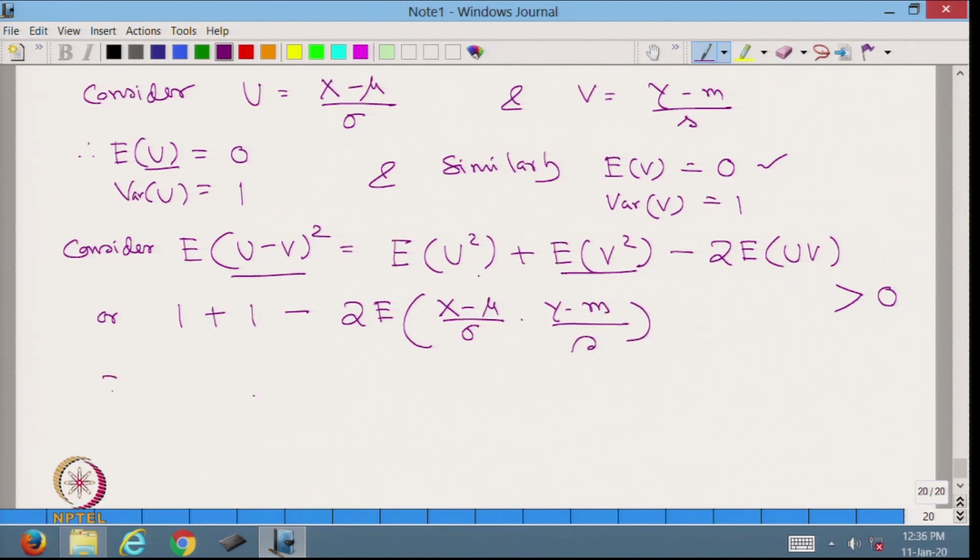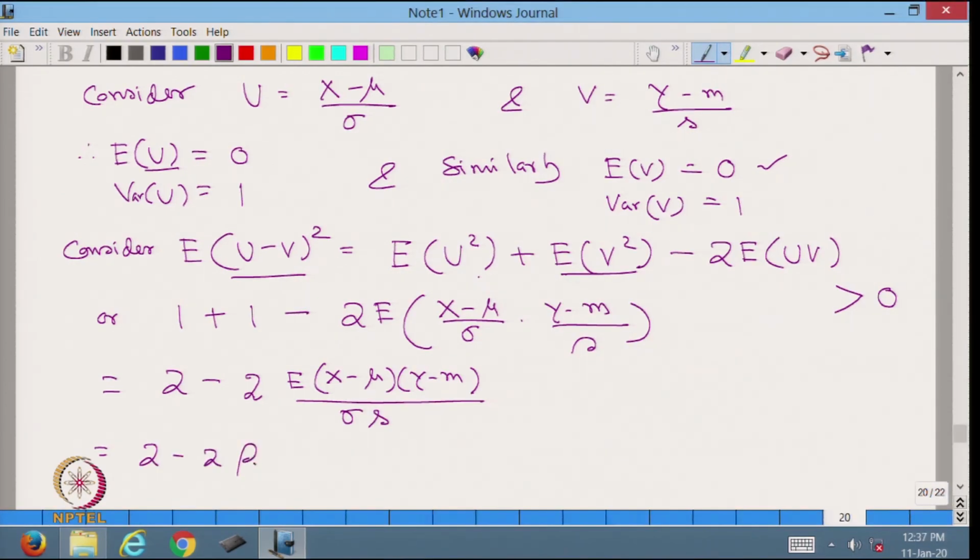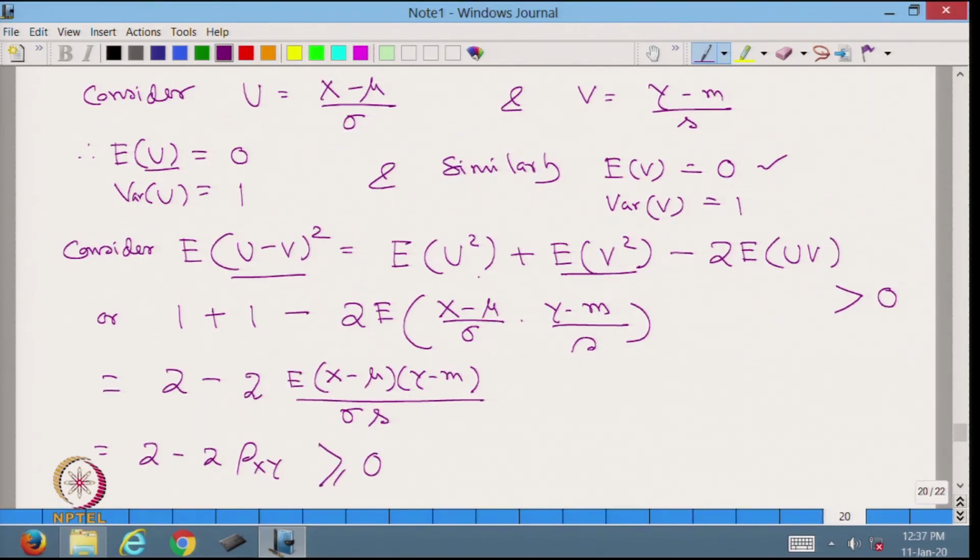Therefore, this quantity is equal to 2 minus 2 times expected value of x minus mu into y minus m upon sigma s, which is equal to 2 minus 2 times rho x y, which is greater than or equal to 0. It can be 0 if they are independent. Therefore, rho x y is less than or equal to 1.